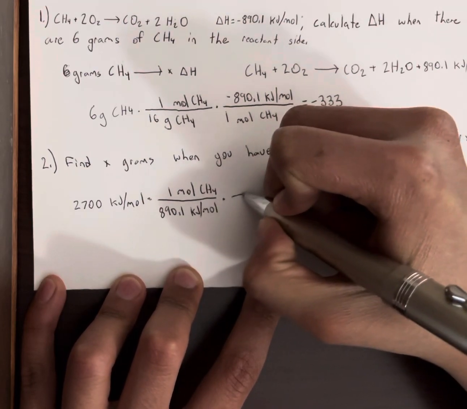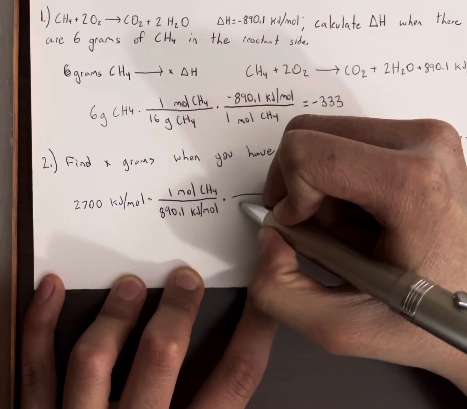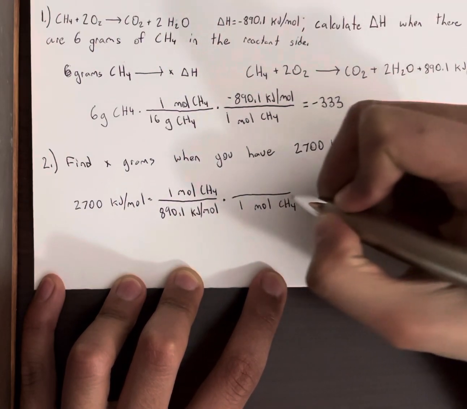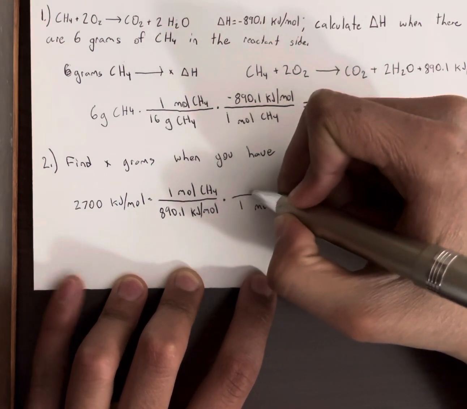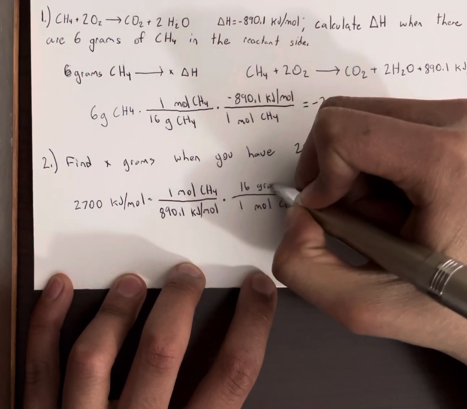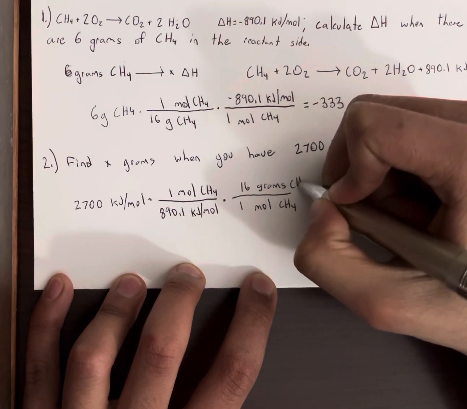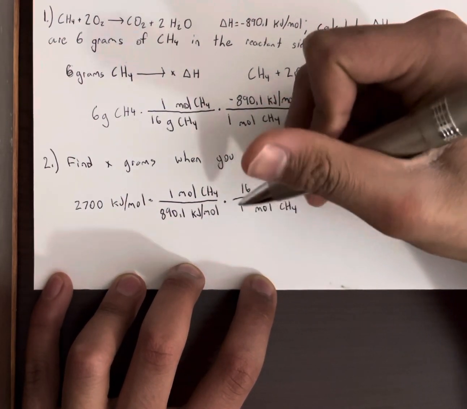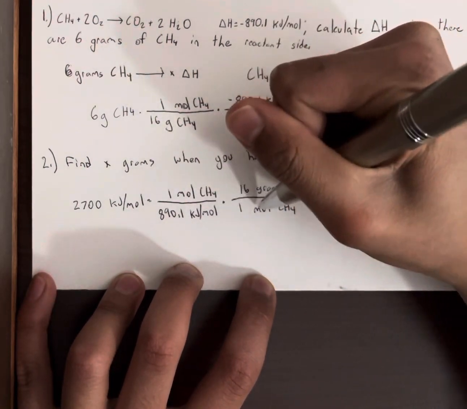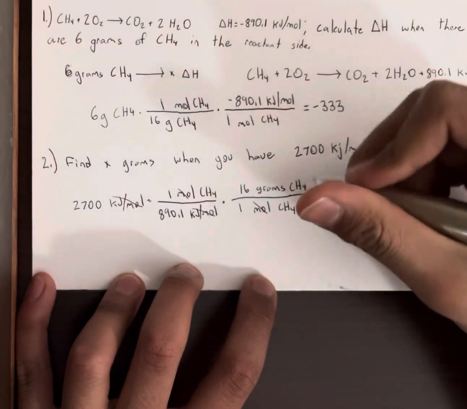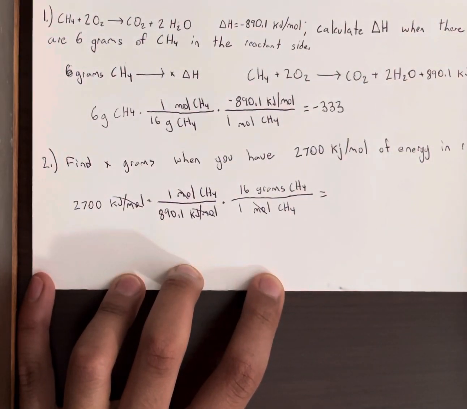So you then have to bring back 1 mole CH4, and then you have to do 16 grams CH4. And then all the values will cancel out with moles being gone, kilojoules per mole, and it'll just be grams. So let's calculate it.